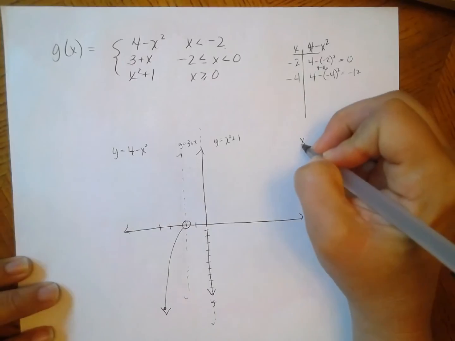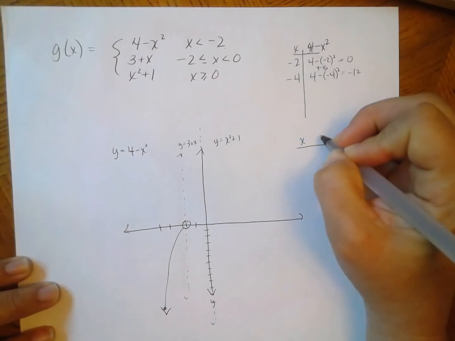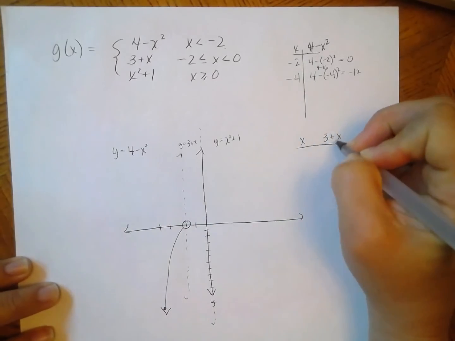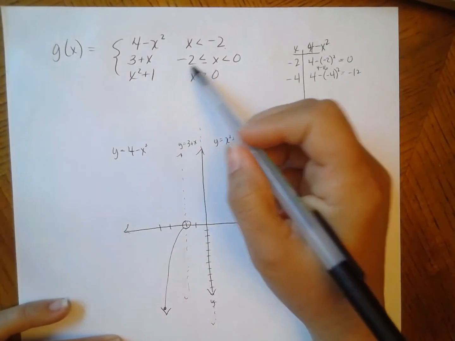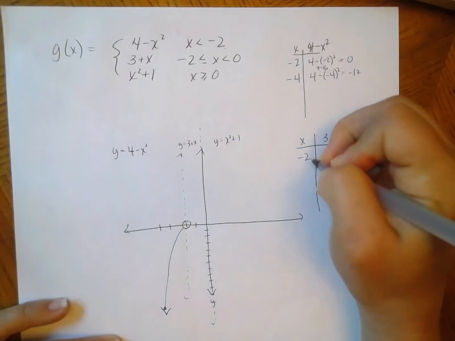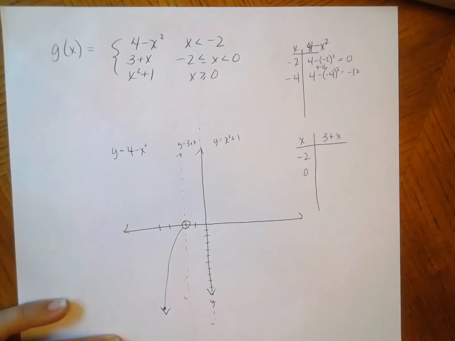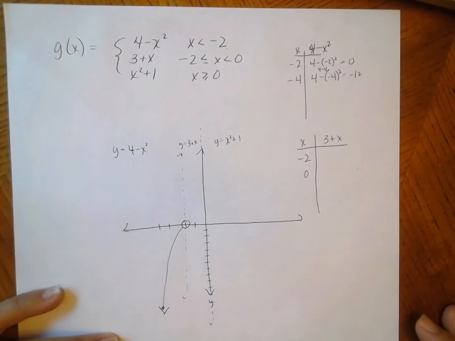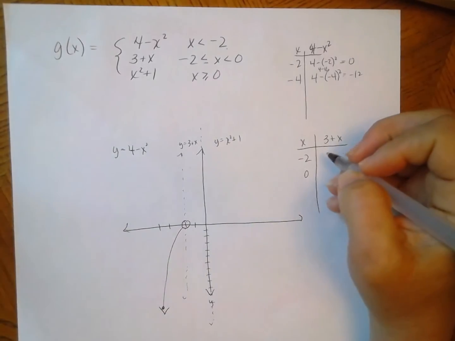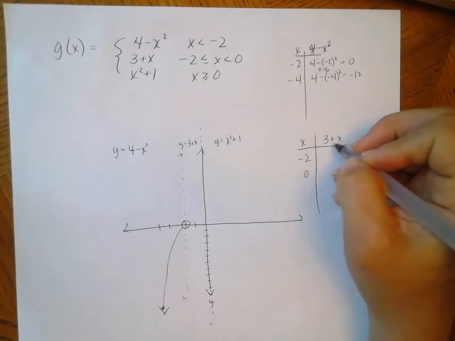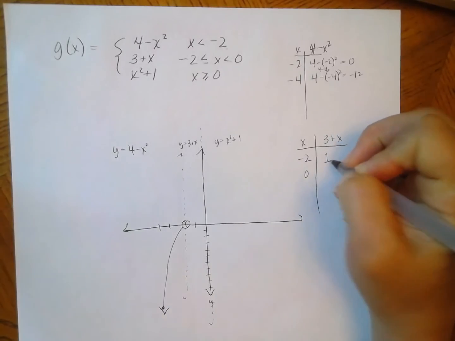So this time I have x, and I'm going to use the 3 plus x. For sure, because the boundaries are at -2 and 0, I want to plug in -2 and 0. So 3 plus x should be a straight line because there's no exponent on x. I have 3 plus -2, which is going to give me +1.